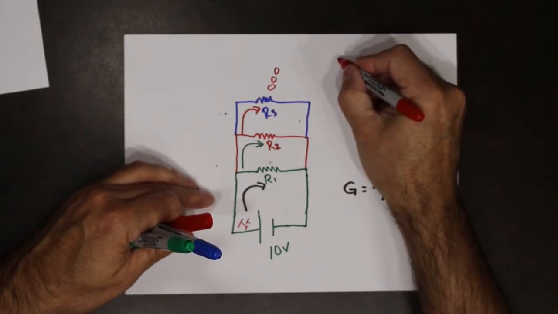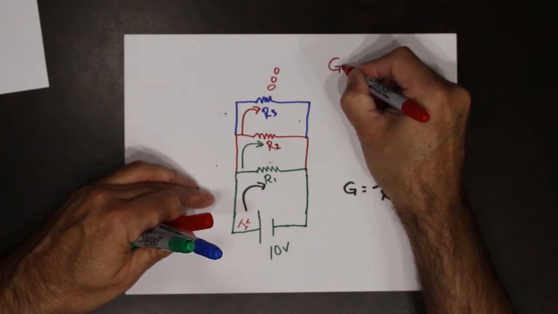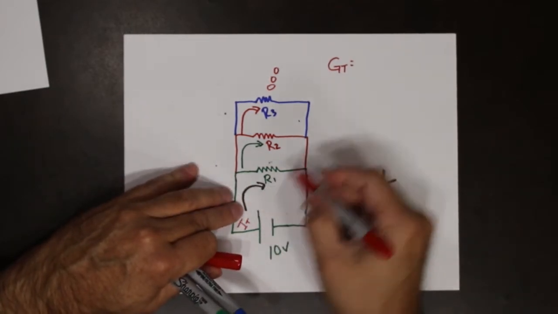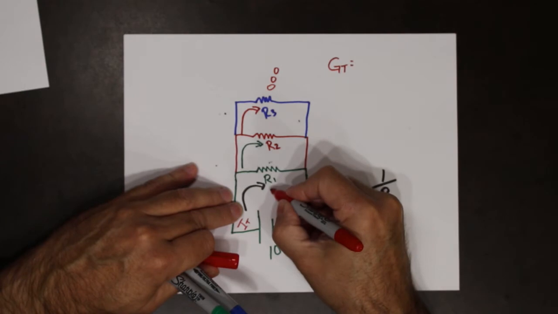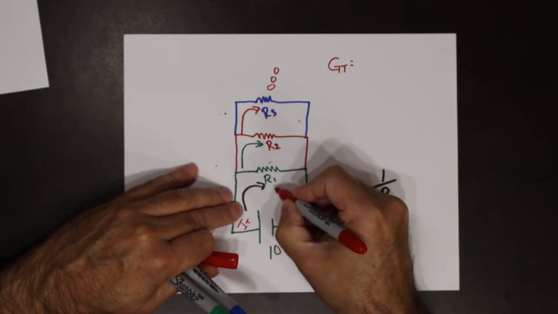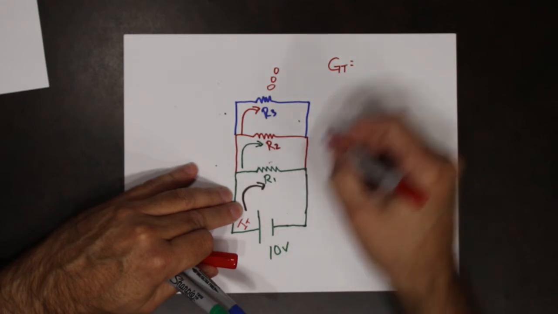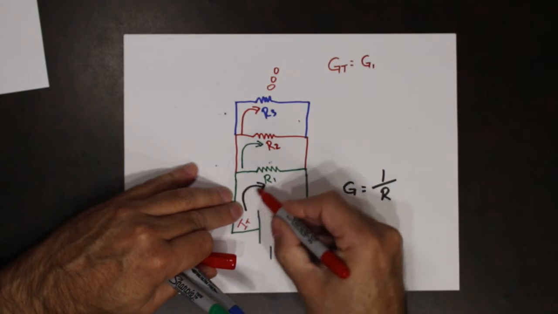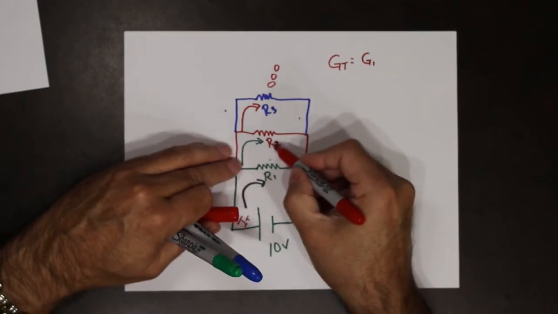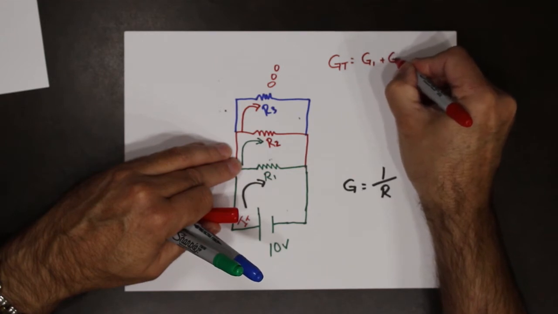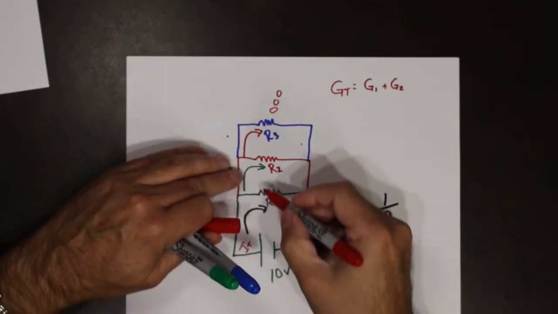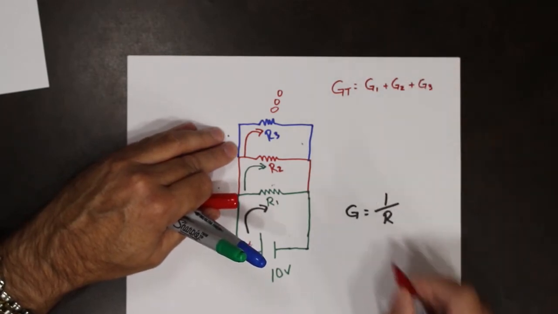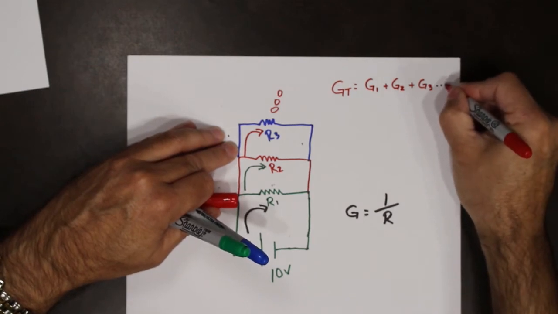So if we looked at the total conductance of this circuit, it would be the conductance that is R1, the conductance down that first branch, plus the conductance down the second branch, plus the conductance down the third branch, and so on.